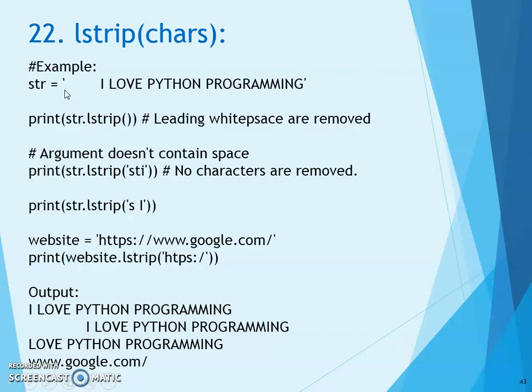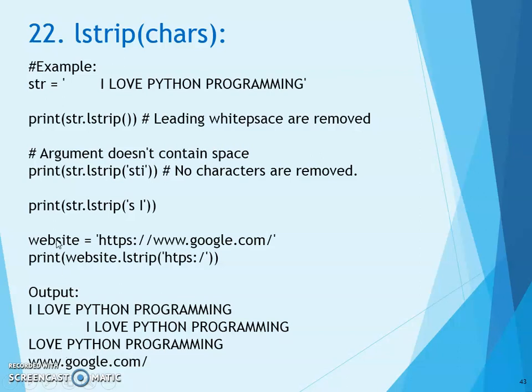Then space means all these spaces will be removed. The next character is I, so this I will be removed. Again the following space will be removed. So these spaces, capital I and one more space will be removed and we'll get the remaining part of the string, which is shown here. So only three words we will get, and the space bar and I before them are removed from the output.